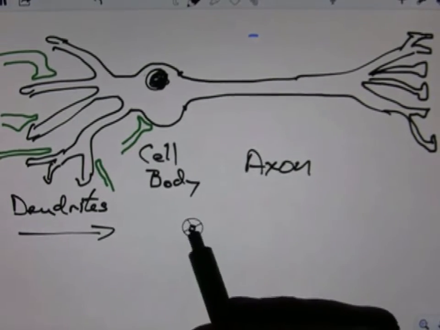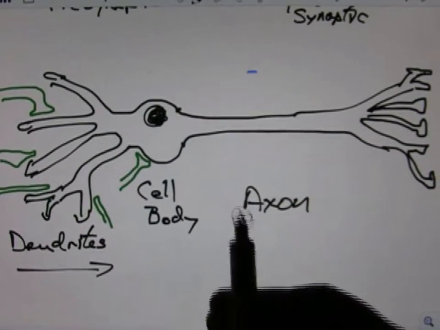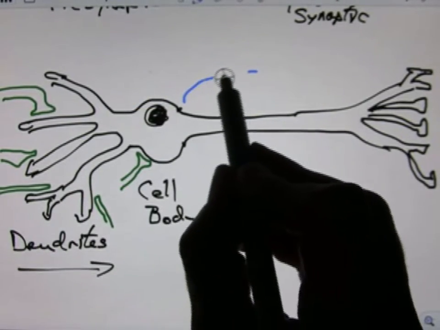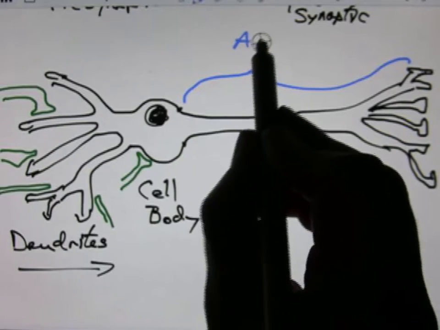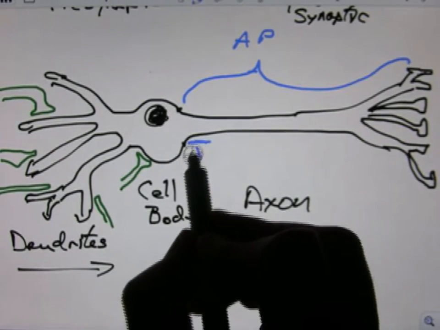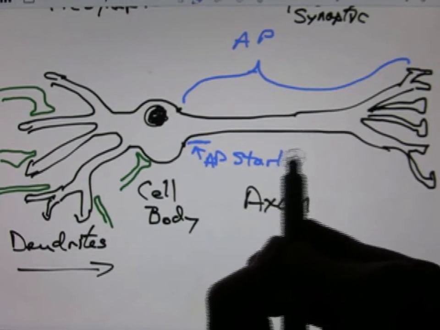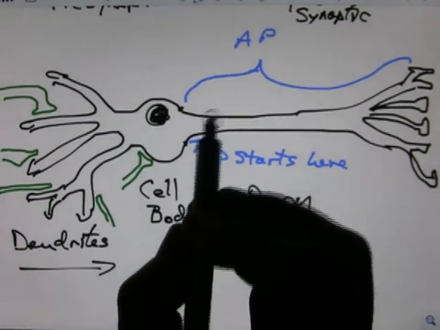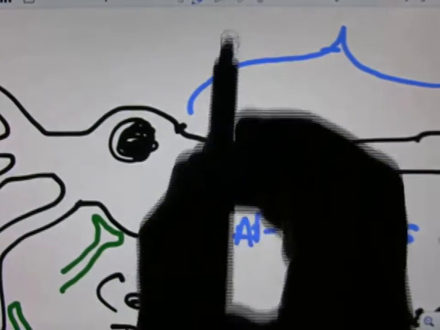In a typical neuron, we usually think of the dendrites as not producing action potentials. The action potential is happening here. It starts here. And it only happens if you get enough positive charge in that location from all the synapses.